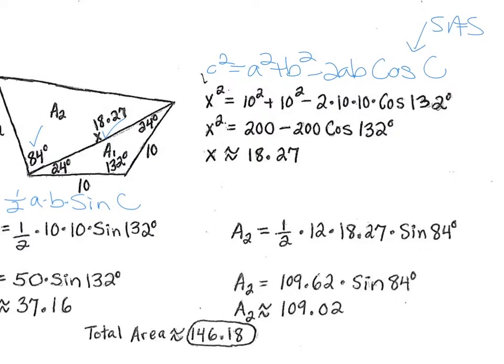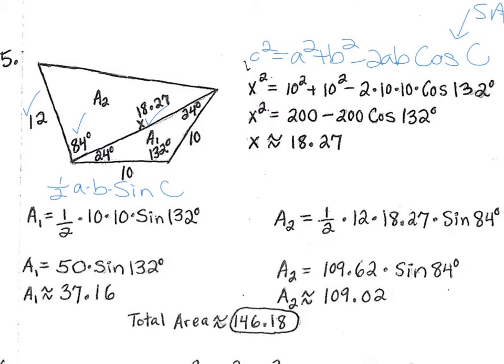So using law of cosines, remember you're going to add these two numbers together, but keep this 200 as a multiplier on cosine of 132, and you get 18.27. Now I'm going to take that value and put it over onto our diagram here at 18.27, and we're going to figure out what the area is with our 1/2 AB sine C formula for the top triangle.